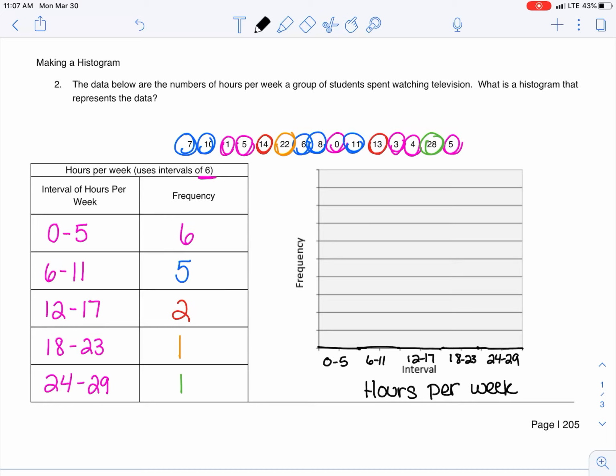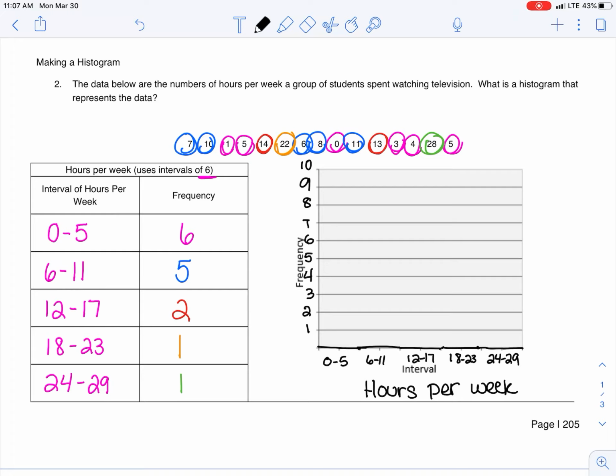So for frequency, since our highest number is 6, I'm just going to count by ones: 1, 2, 3, 4, 5, 6. And you can go ahead and label the rest of your lines just so that it looks like you have a full graph.